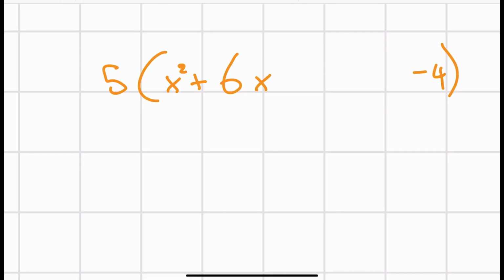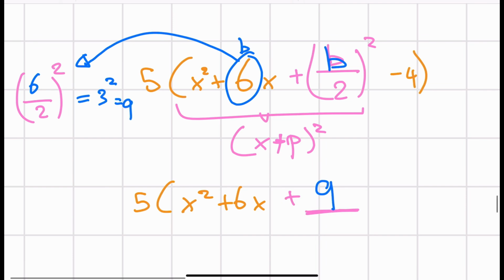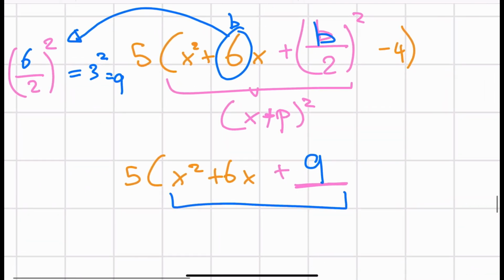Right, back to our equation. We're going to add in something that looks like b divided by 2 squared. I'm going to take 6, I'm going to divide it by 2, and I'm going to square it. 9 is apparently the value that I can add into my equation and make a perfect square.